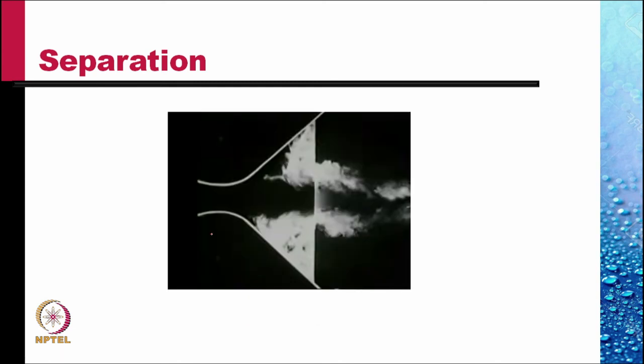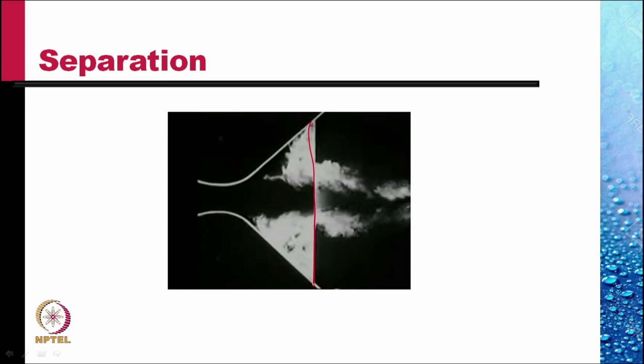Here, we have flow in a diverging passage. The divergent angle is very large. This is the flow of water through the diverging passage. There is an electrical wire here in which we are passing a current so that the hydrogen bubbles are being formed.